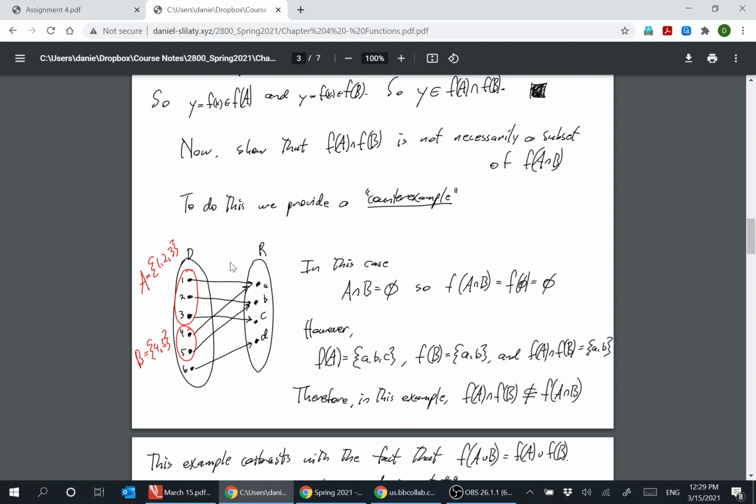We let A and B be these two sets here. A intersect B is the empty set here, so the image of A intersect B is just the empty set. However, the image of A intersect the image of B has stuff in it, so it's not contained in the empty set, of course.